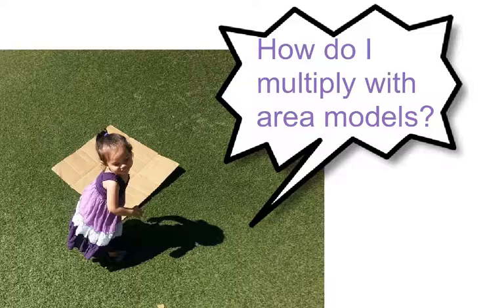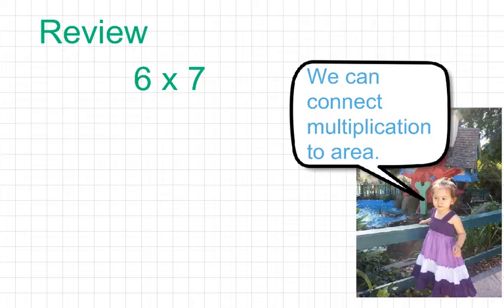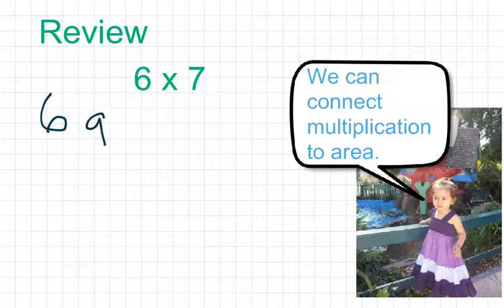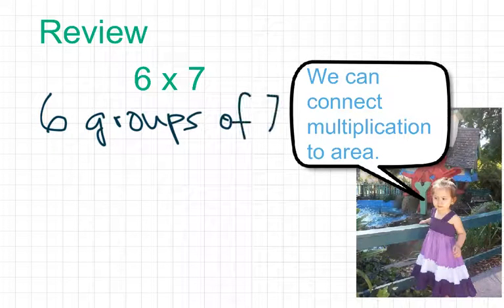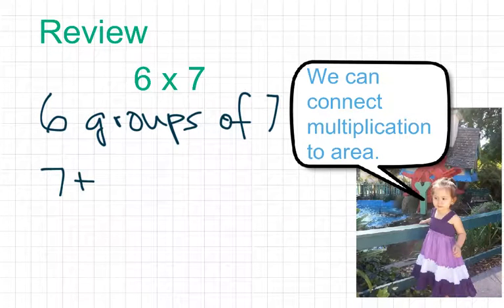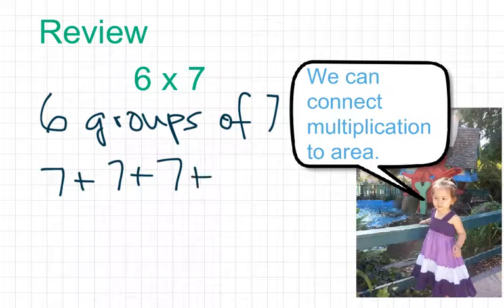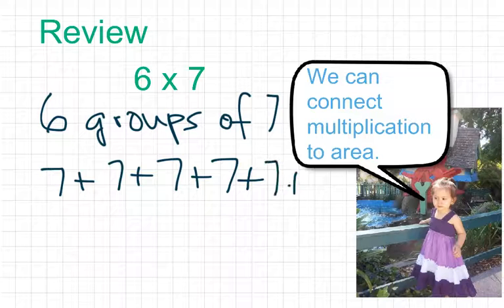Let's get started. But first, let's review. So we know that 6 times 7 can be represented as a couple of different expressions. Repeated addition. We know that this is 6 groups of 7, which is just 7 plus 7 plus 7 plus 7 plus 7 plus 7.